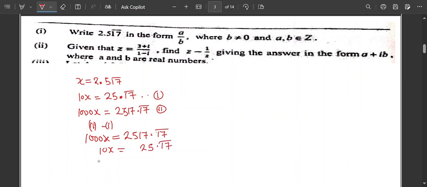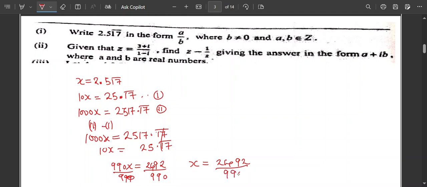Subtracting this gives 990x, since 1000 minus 10 is 990. On the right, the decimal parts give 0, then 2517 minus 25 is 2492. So you have 990x equals 2492, and x is equal to 2492 over 990.